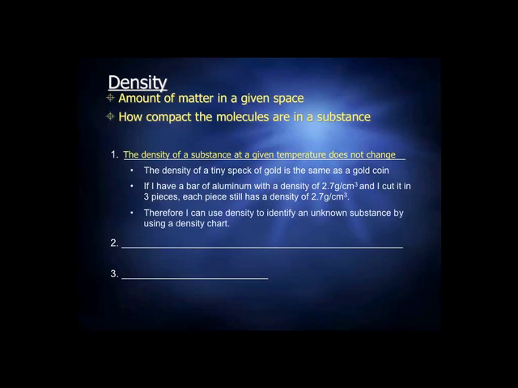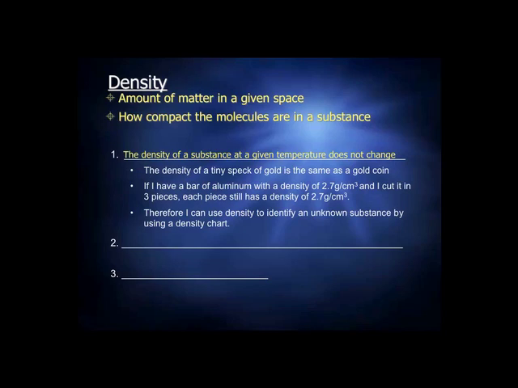And because of this fact, we can use density as something called an identifying property. Which means if you have some unknown metal, unknown material, you can find its density and then use that to figure out what the identity of that metal is.